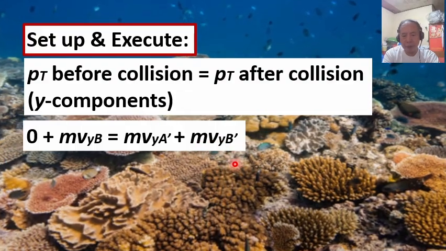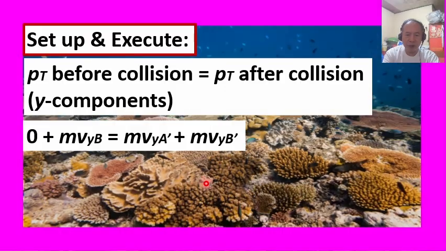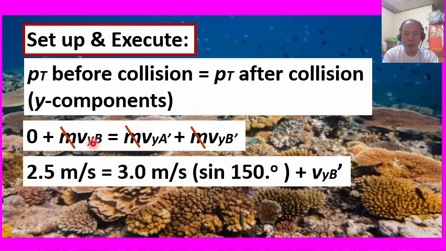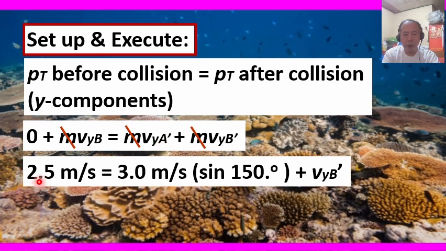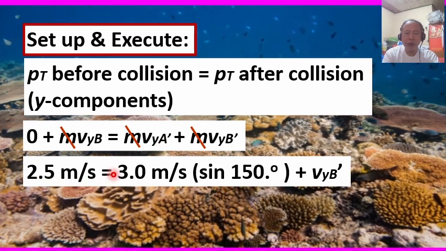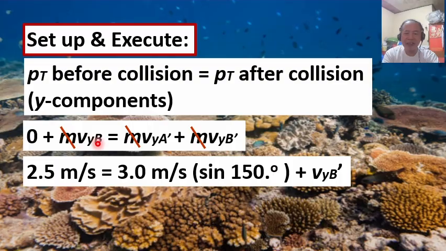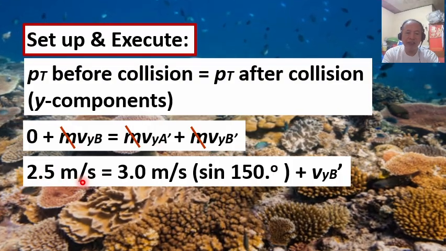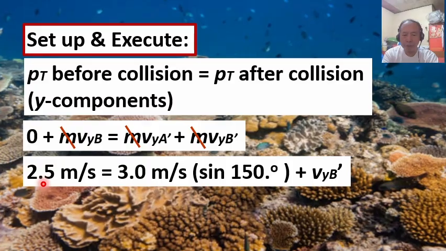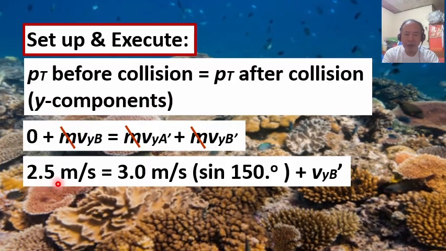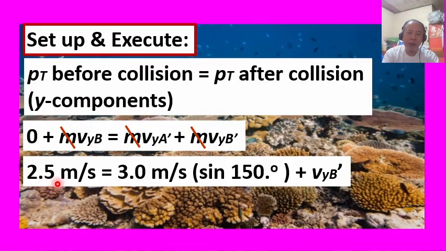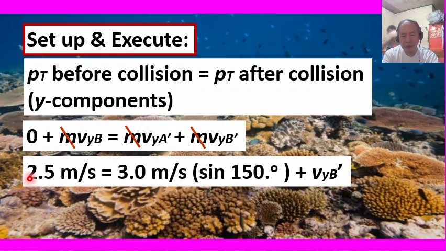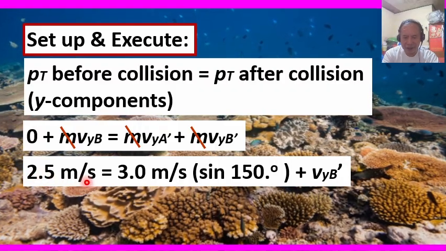of particle B. So when we substitute the given data and considering the mass small m, we get 2.5 meters per second. So as is now, after canceling the mass m, 2.5 meters per second represents the initial velocity of particle B along the vertical or along the y-axis.